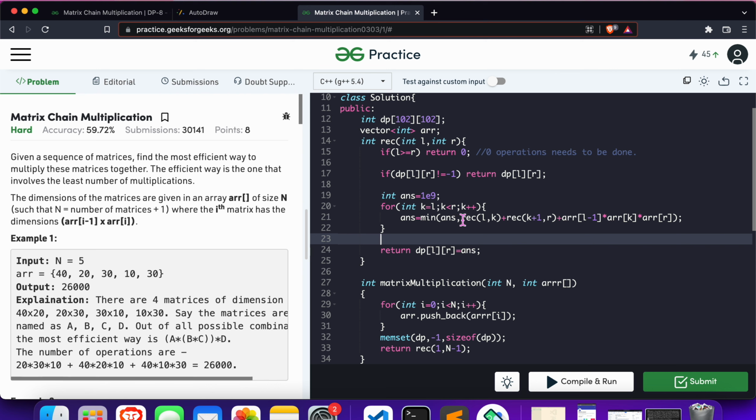You can see, so we will call the recursion and save the answer. We need to get the minimum, so we are saving a very big value in the answer. Right, this is memoization, and the base case is L greater than or equal to R. When both L and R are at the same index, that means only one matrix is left, whose number of columns is at array position R and number of rows is stored at R minus 1 index, right?